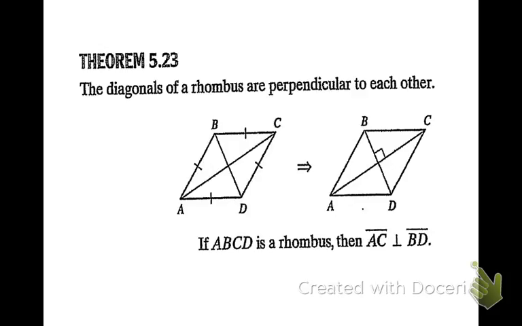Theorem: the diagonals of a rhombus are perpendicular to each other. So if ABCD is a rhombus, we know that AC is perpendicular to BD. How do I know that? How can I show this?